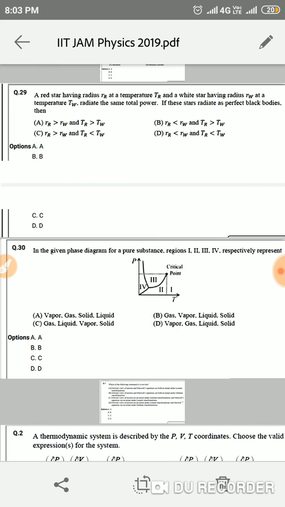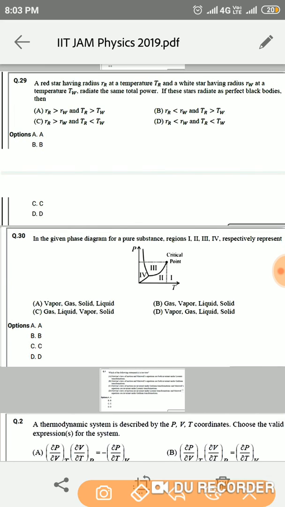So option B will be correct. Region 1 is gas, region 2 is vapor, region 3 is liquid, and region 4 is solid. That's perfect. So option B will be the correct option.